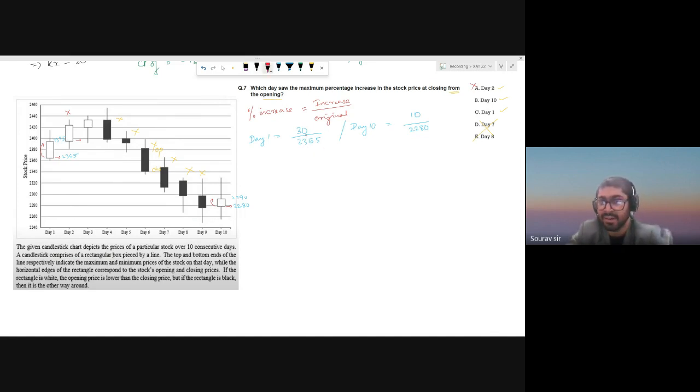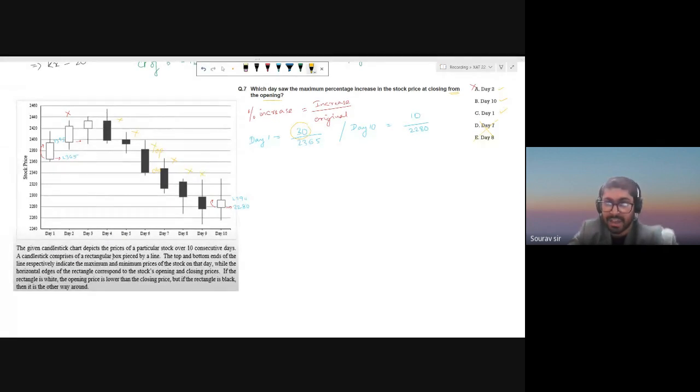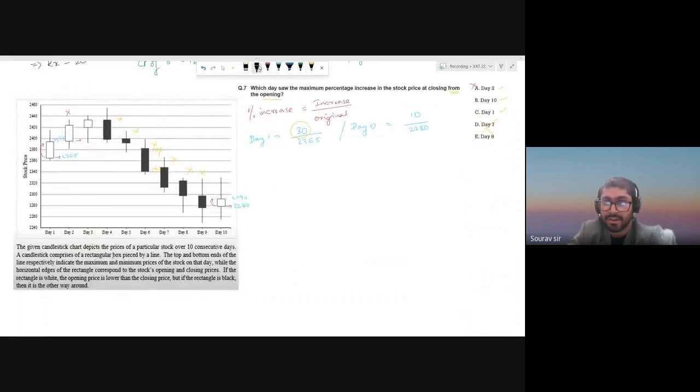The numerator here becomes 3 times the numerator in day 10. And the denominator increases only slightly, right? So the increase in denominator is not significant enough to offset the increase in the numerator. So what will be our answer? Our answer will be day 1. Clear? Here the numerator becomes thrice, but the denominator does not increase as much. So your day 1 will be higher.